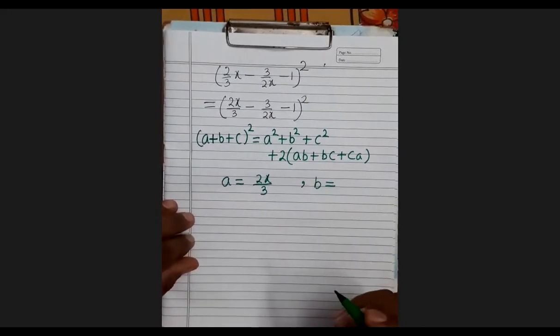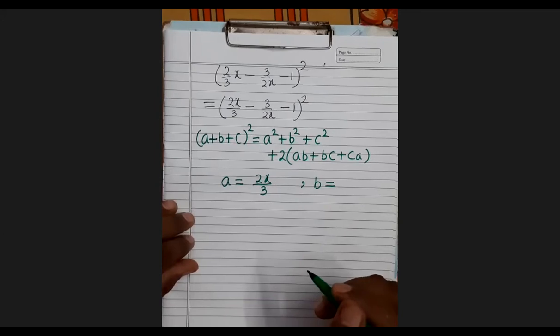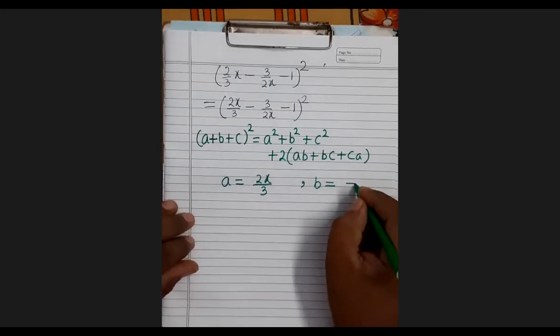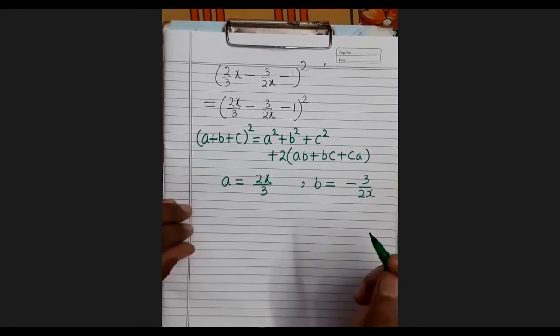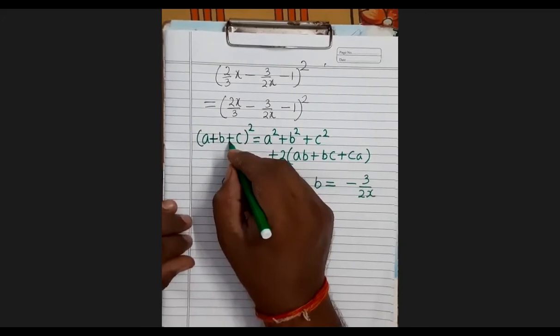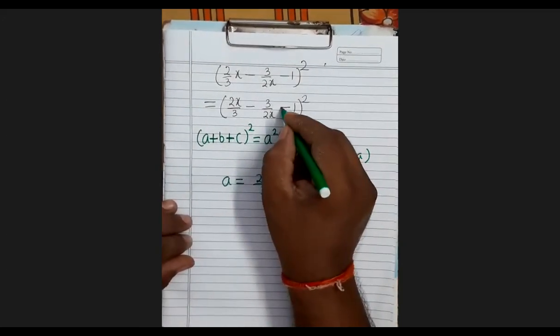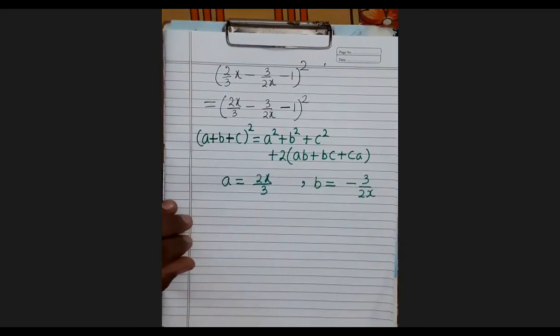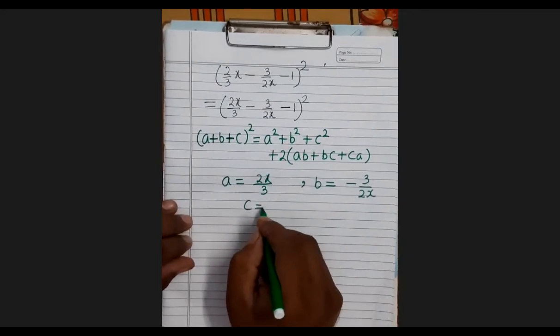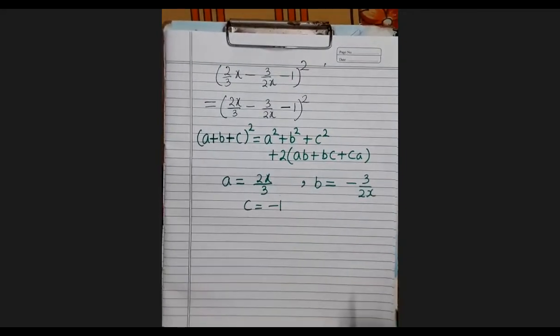So minus 3 upon 2x. Is it clear? Again, here there is plus, but here there is minus. So what will be c? Minus 1.